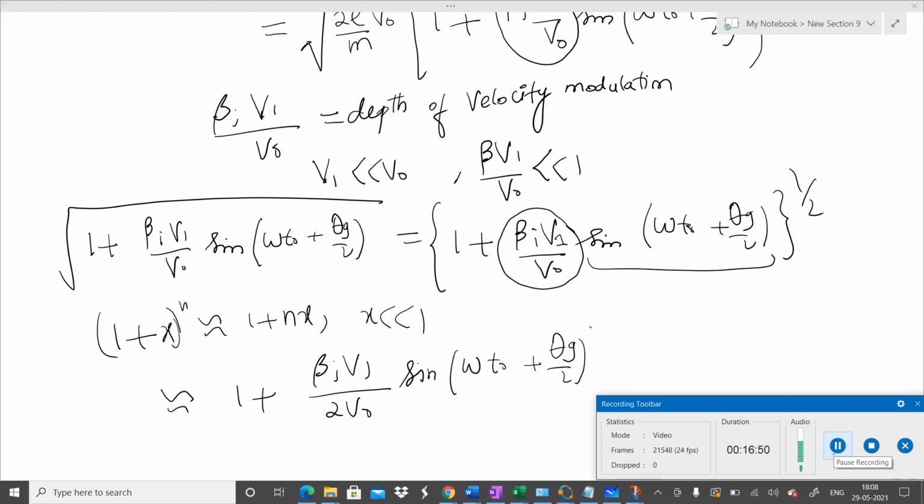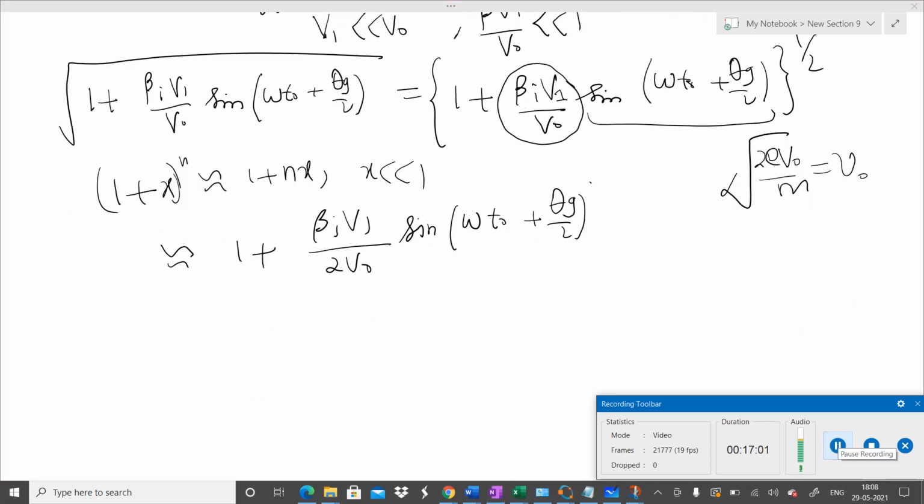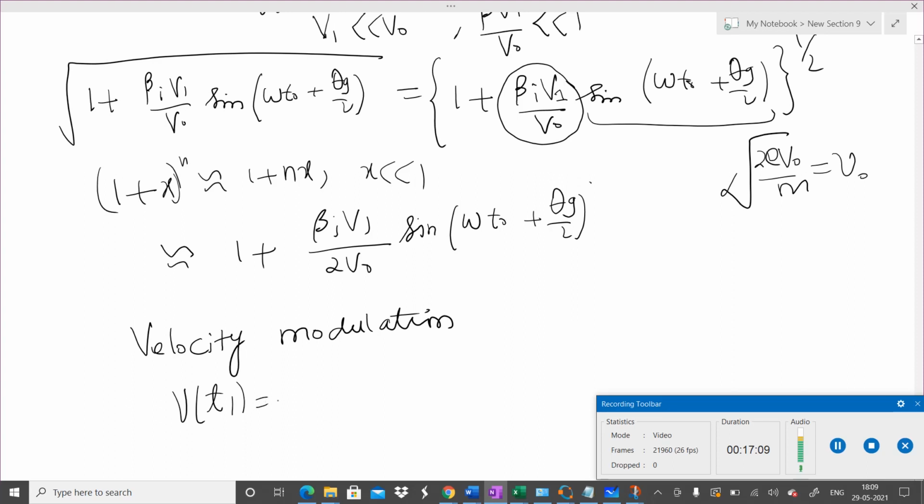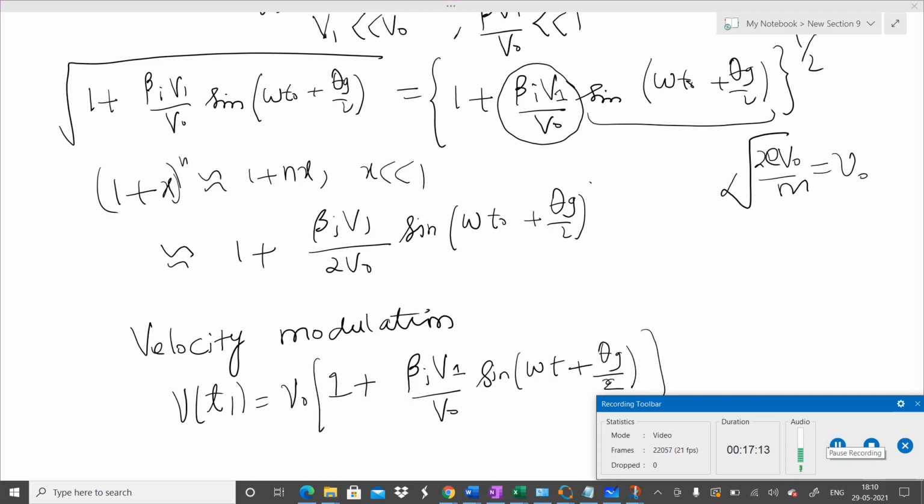Also noting that this square root of 2e v naught by m is actually the initial uniform velocity. So now we get the equation of velocity modulation as v, the velocity at time t1, is equal to v naught times sine of omega t plus theta g by 2.